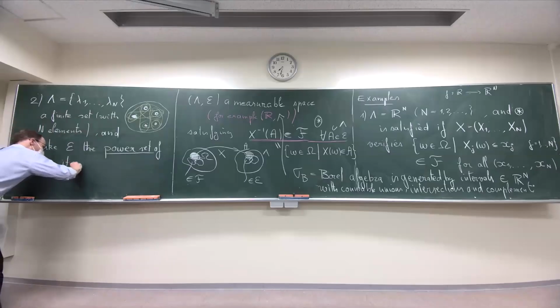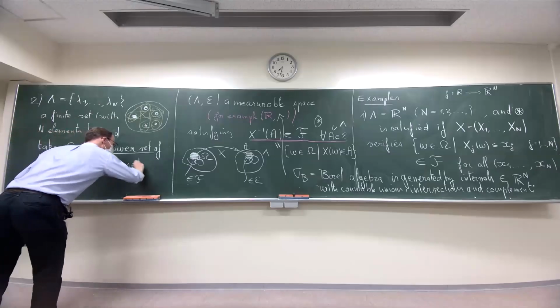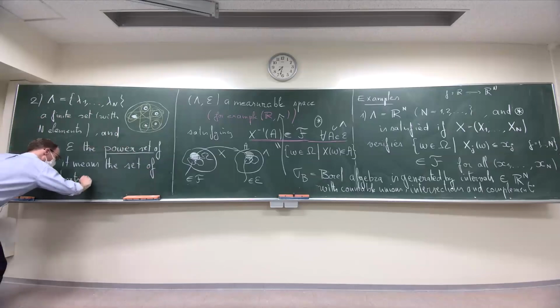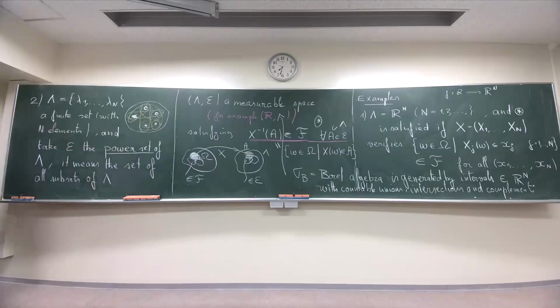What is the power set of lambda? It means the set of all subsets of lambda. Do you know how many such subsets we have? We can count them. It's a finite number. Two power n.